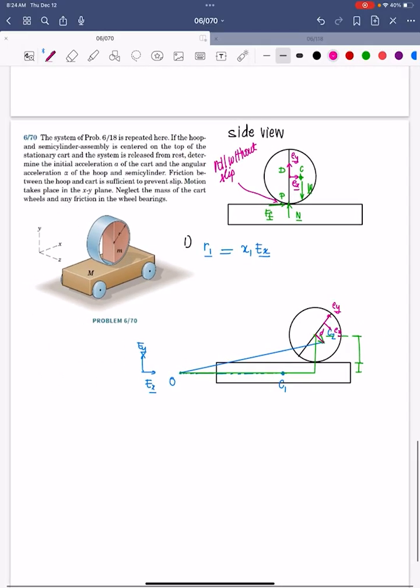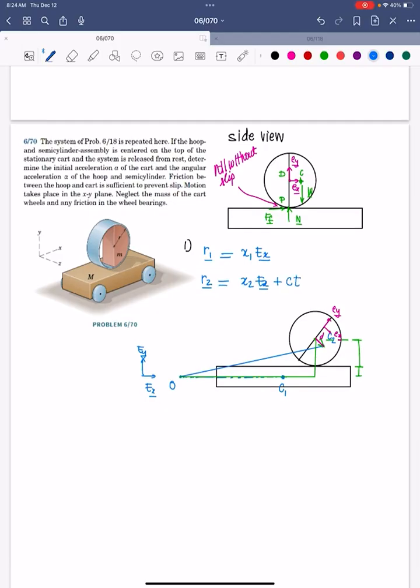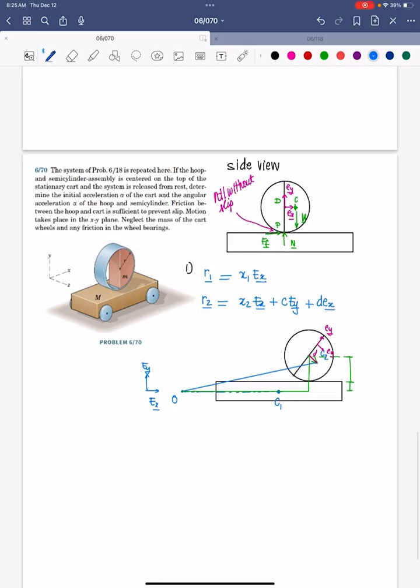So now my position vector R2 is X2 EX plus some constant along EY plus D EX. And I'll differentiate to find the velocity and acceleration vectors.